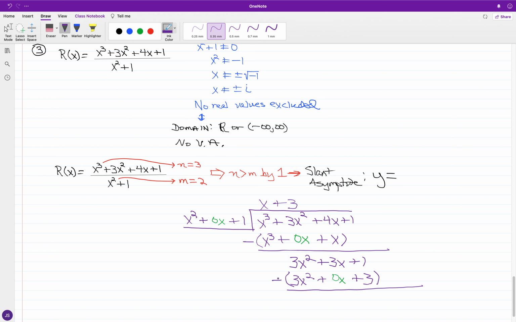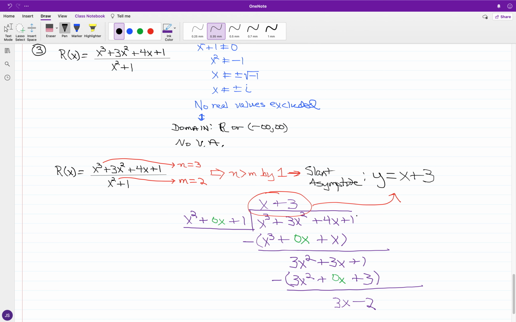And with subtracting, 3x squared goes out, and we got 3x. 1 minus 3 becomes negative 2. And guess what? I cannot take x squared directly into 3x. So I have left standing x plus 3. And this quotient is going to define our slant asymptote, or in this case, y is equal to x plus 3.